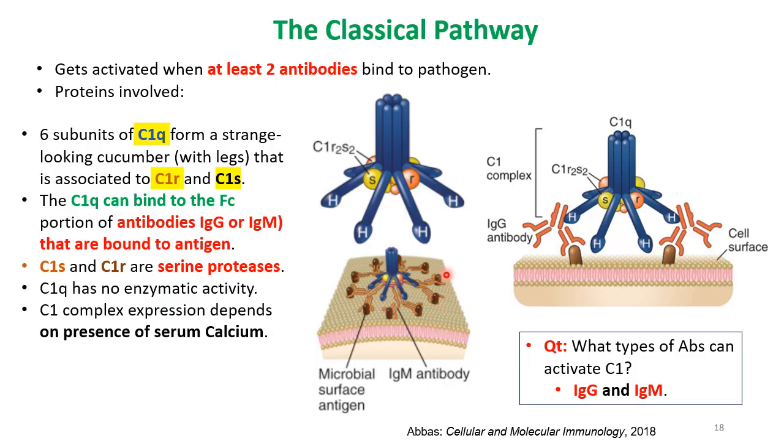When IgM recognizes the surface of your pathogen, it goes from flat to kinked, changing conformation of the antibody, like that. Okay. When it goes like that, then it exposes the constant region out of the flat plane. So now the constant region is kind of bending upwards, and that's when the leg of your C1q is capable of interacting with that constant region.